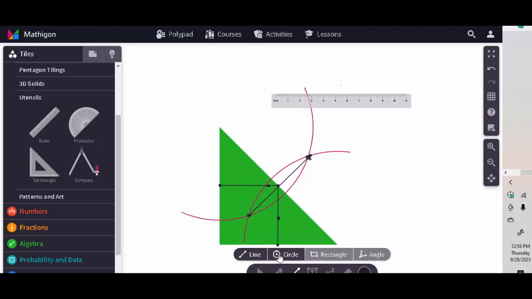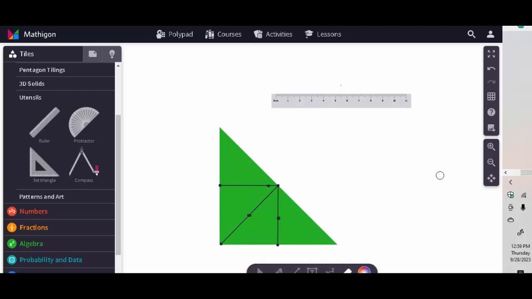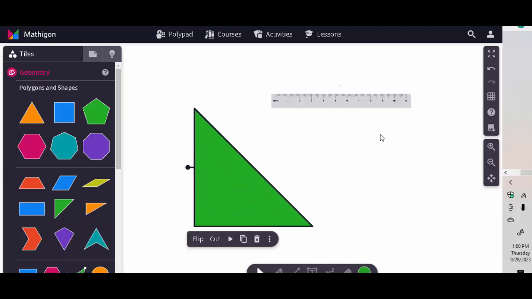Where those 2 arcs overlap, draw your line segment going through those and erase anything that extends beyond the triangle. Now let's clean everything up. And here we go. We bisected all of the sides of the triangle with perpendicular bisectors.